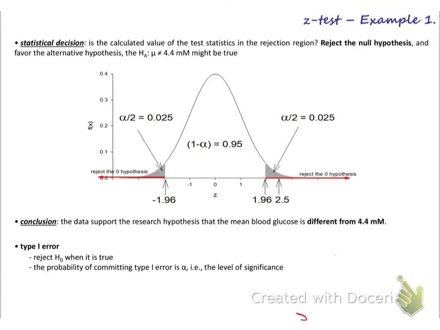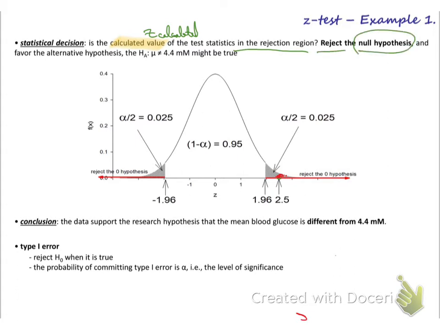So here we found 2.5, which is already inside the rejection zone, the reject area. So the statistical conclusion is that the calculated value of Z is in the rejection zone, so reject the null hypothesis.